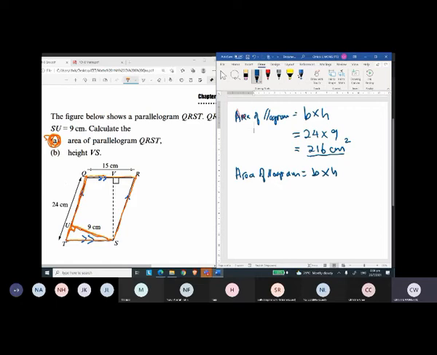Right now, I already found the area of the parallelogram is 216. This cannot change. Whichever base you take, the area is always the same.